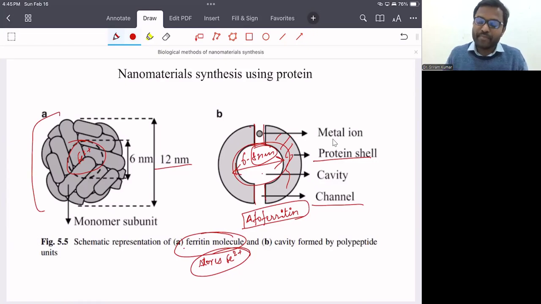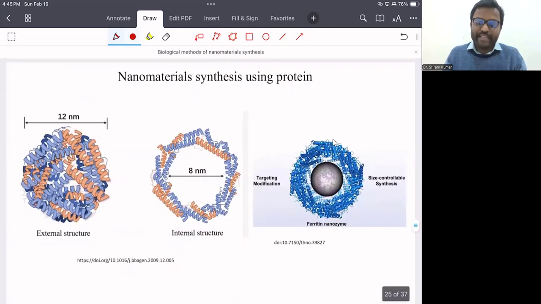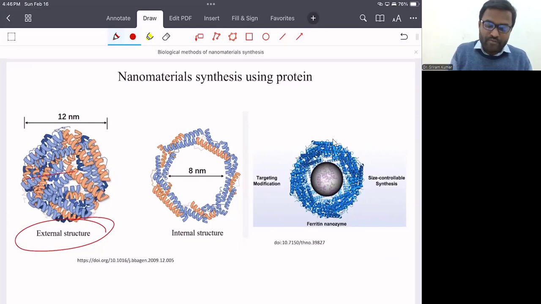So now let's understand with a visualization how the protein looks. This is the external structure, and the diameter from here to there is 12 nanometer, and the internal diameter is 8 nanometer.